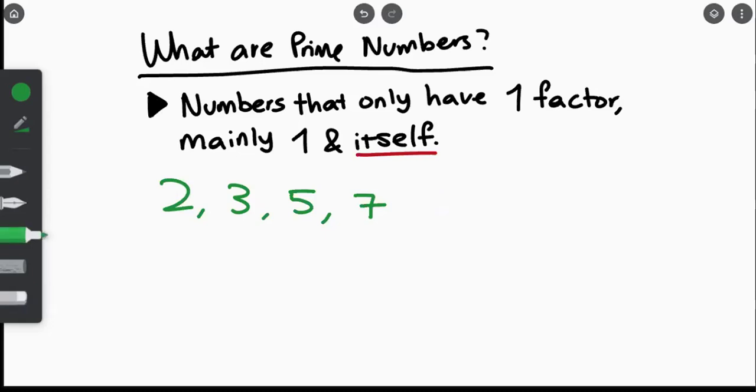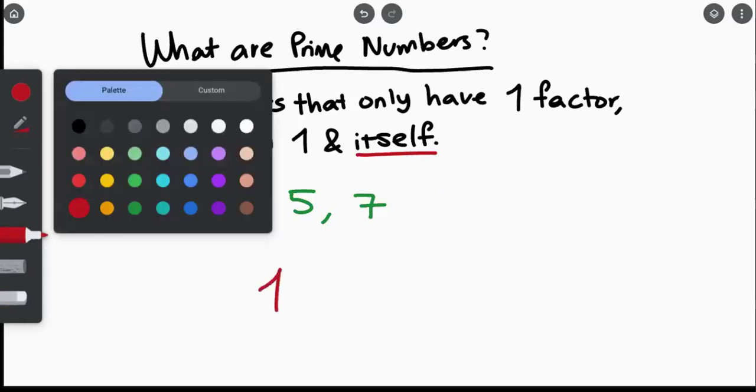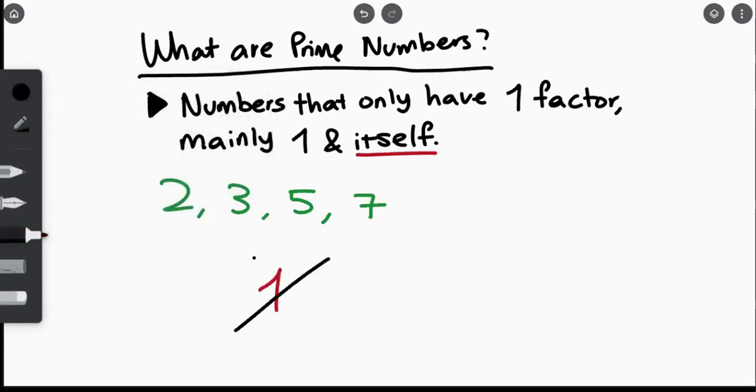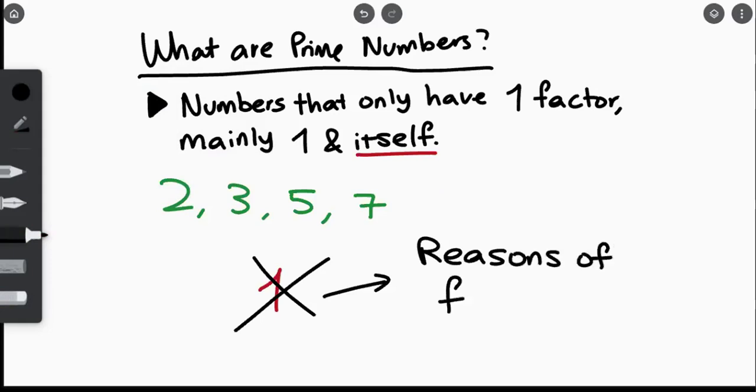Then some of you may ask me, how come my school never mention the number 1? Your school will never mention the number 1 because 1, due to some reasons of factorization, is not included in the prime numbers.